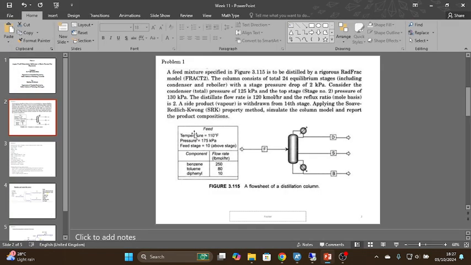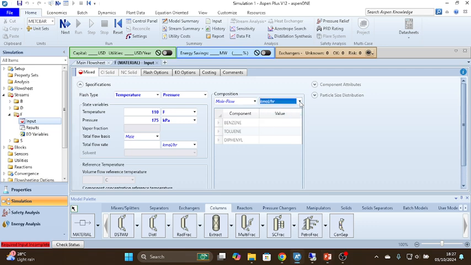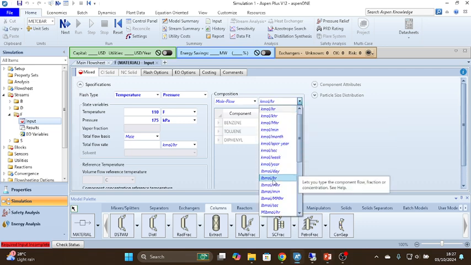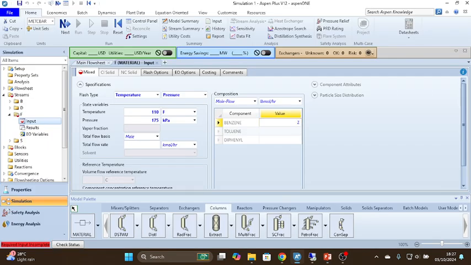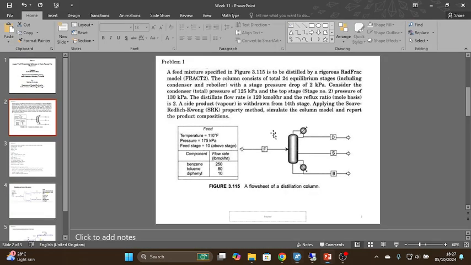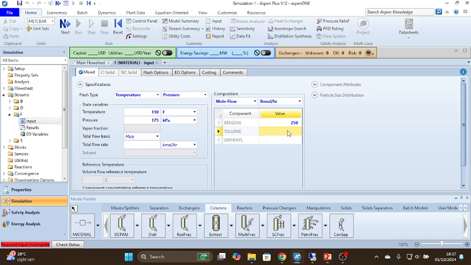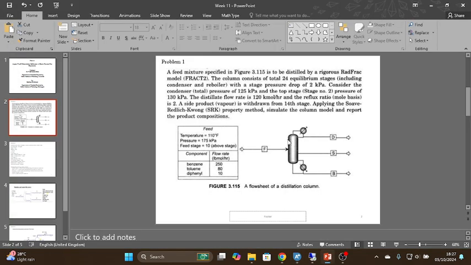And the mole flow is given in pound mole per hour. So selecting from here pound mole per hour. So benzene is 250, toluene is 80, diphenyl is 10.